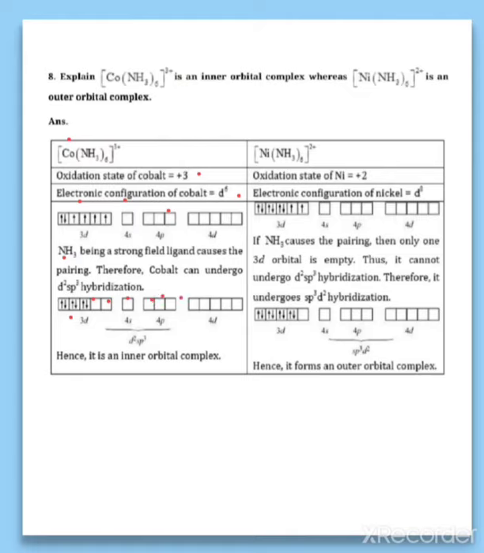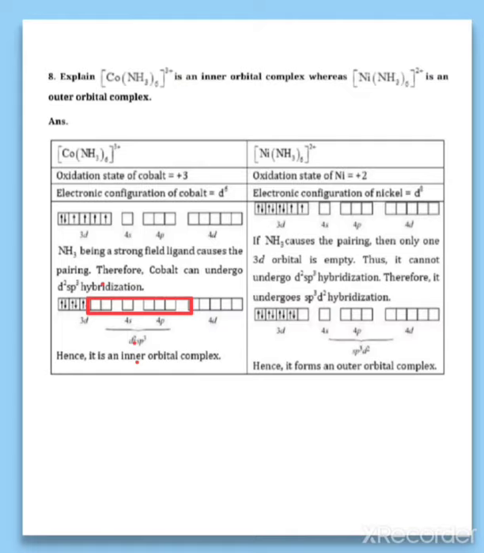So these undergo hybridization. The 2 d orbitals, 1 s and 3 p orbitals undergo intermixing. So the hybridization is d2sp3. So here the inner d orbitals are involved in the hybridization. Therefore, it is called an inner orbital complex.